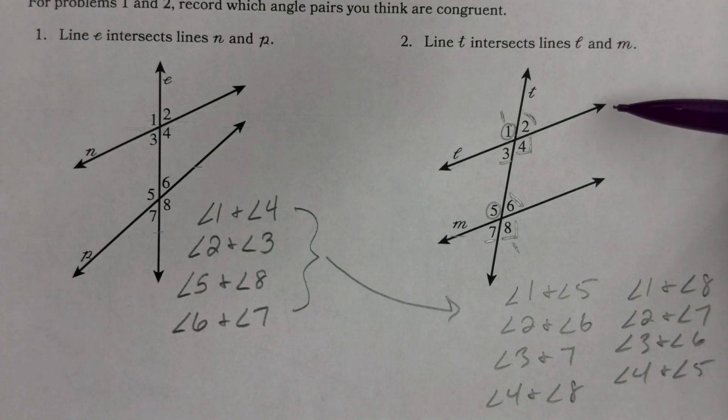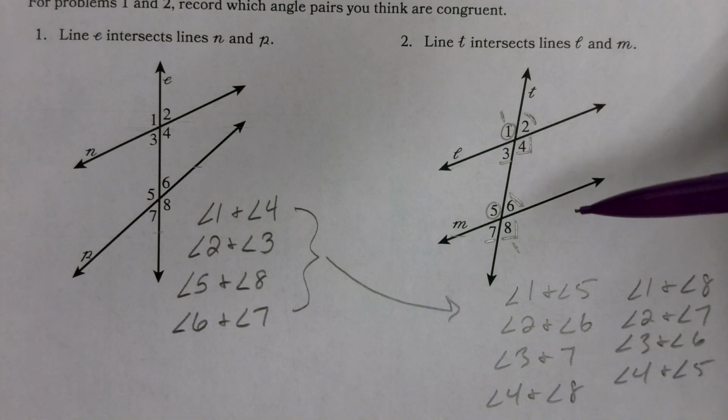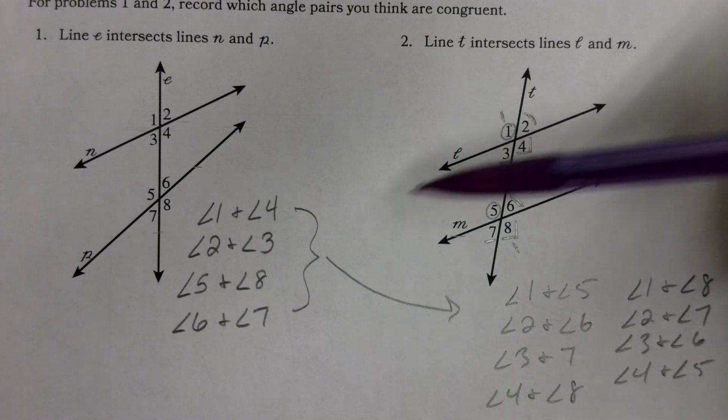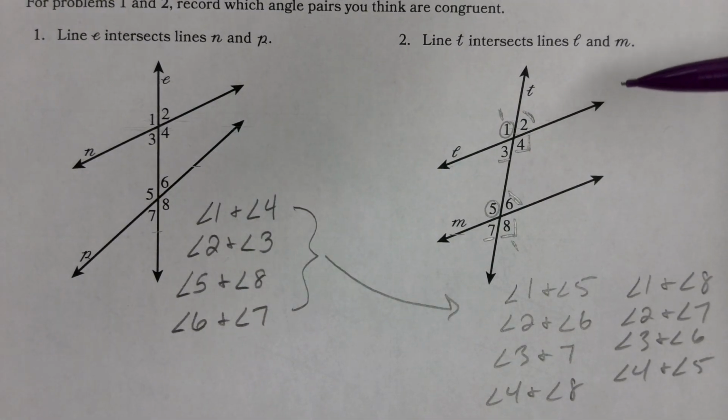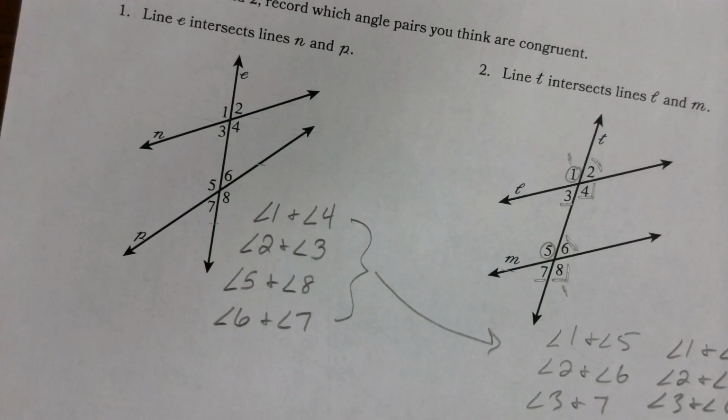So in this case, we have 12 different pairs of congruent angles, in addition to the vertical angles here. We're going to explain what these are on the next page.